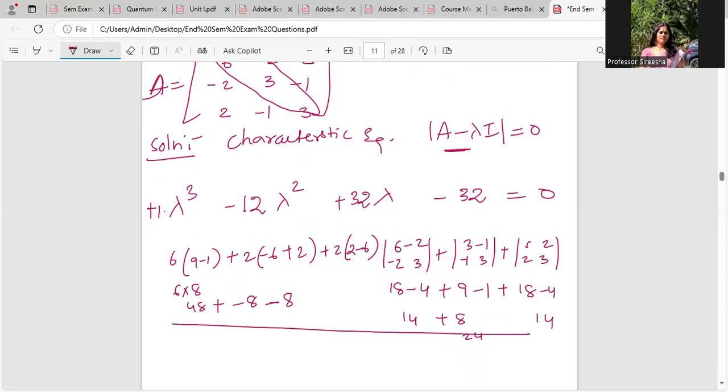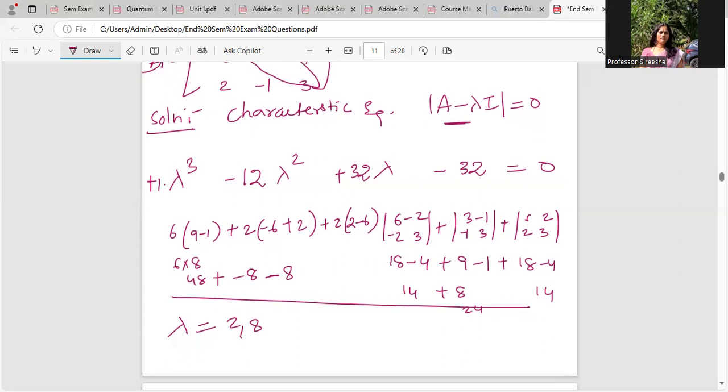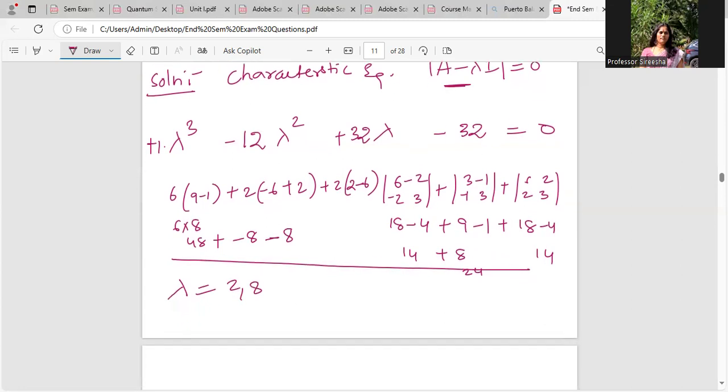So lambda cube minus 12 lambda square plus 32 lambda minus 32. I'll give it to the calculator and get the root values for lambda. The values the calculator will show are 2 and 8. For which there is a repeated root. So what I have to do is use synthetic division to find which one is the repeated root. 1, minus 12, plus 32, minus 32. Synthetic division, all of you are aware.